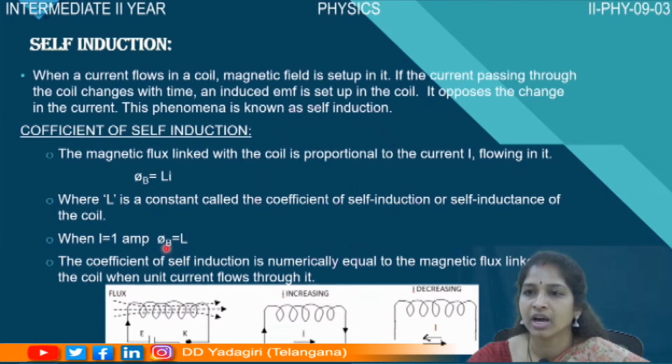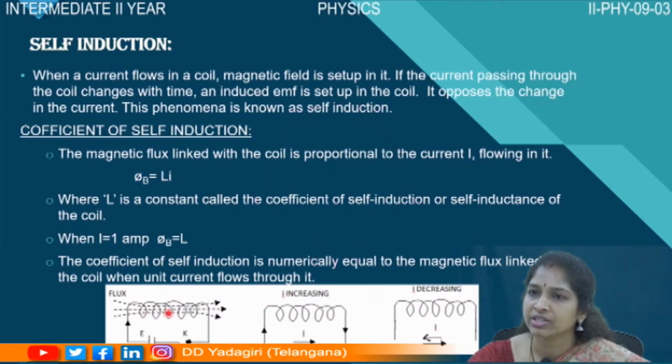Now we will see how we can define this coefficient of self-induction. See here, there is a coil, current is passing. The current that is passing through this coil, what have we considered? 1 ampere. When 1 ampere current is passing through this coil, what happened?